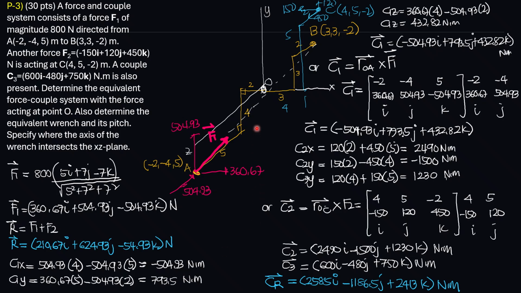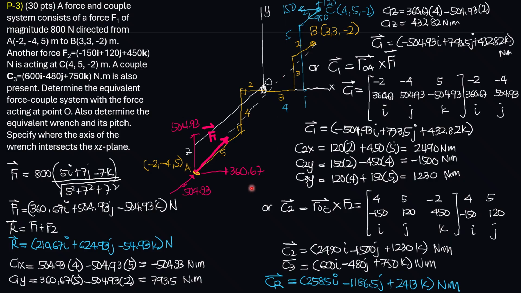Then moment about OY, this is the positive sense. So don't mind 504.93, this component parallel to Y. So just 360.67 and this 504.93. This is the positive sense. So 360.67 is positive, the same sense as the curling of four fingers.